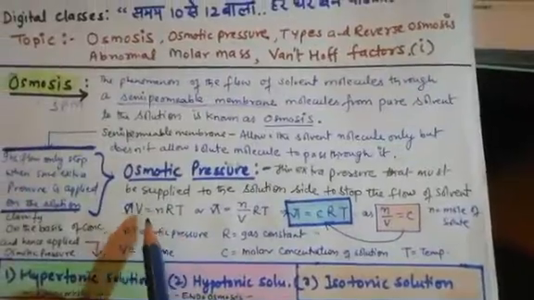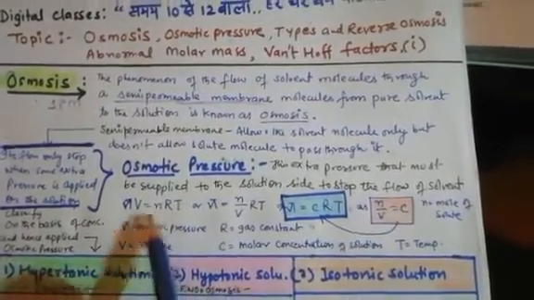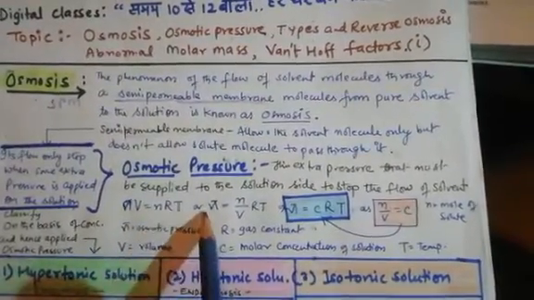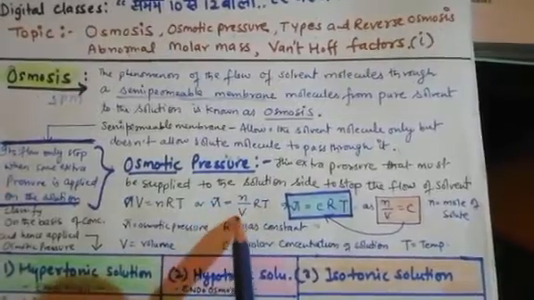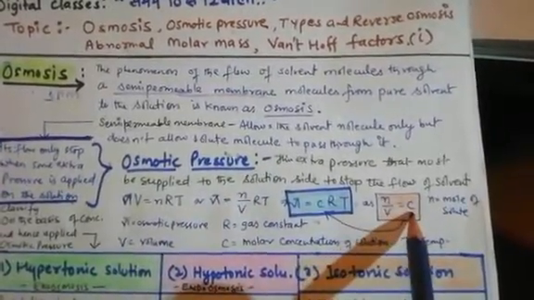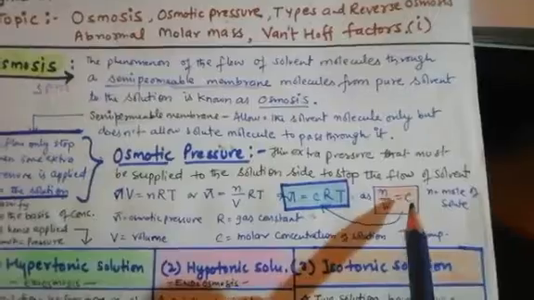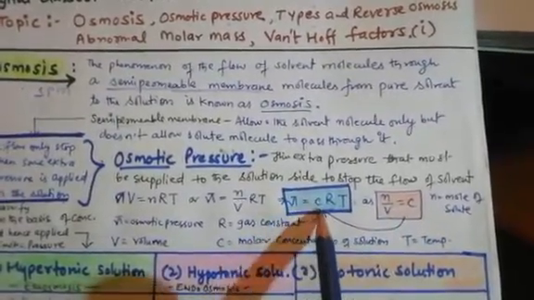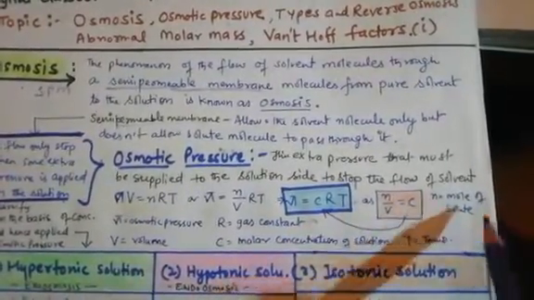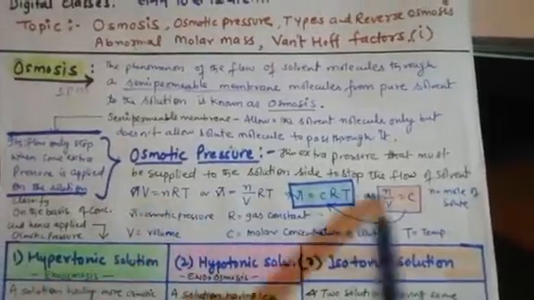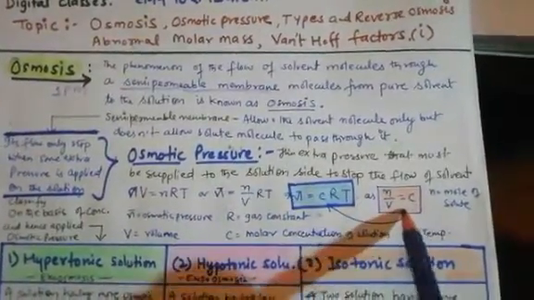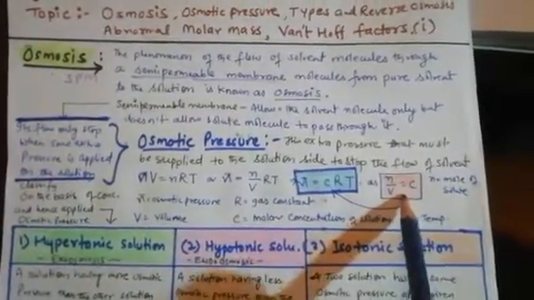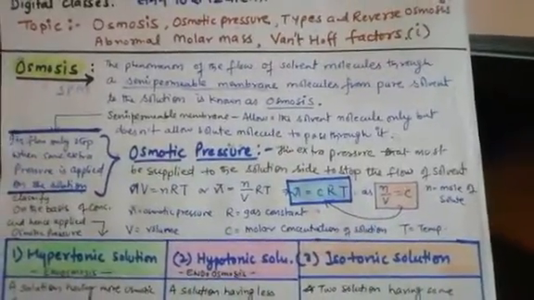So pi = n/V RT, and n/V can be written as C, the molarity. So the formula becomes pi = CRT, where n is the moles of solute. When you know this equation, we can solve numericals related to this formula.